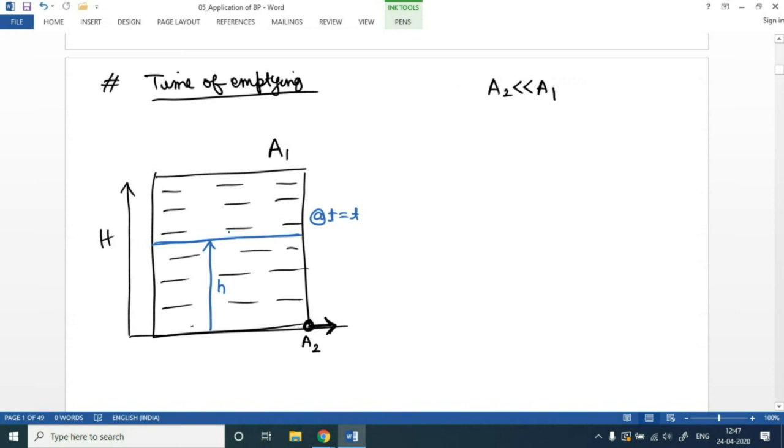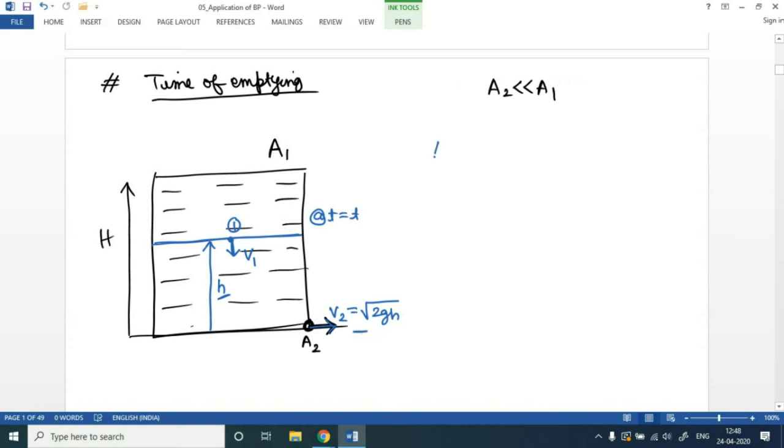This level is coming down with velocity v1, and the liquid at this instant will be coming out from over here. At this instant the depth of the orifice from the open surface is only small h, so v2 is going to be equal to root 2gh. Notice that v2 here is variable as well.